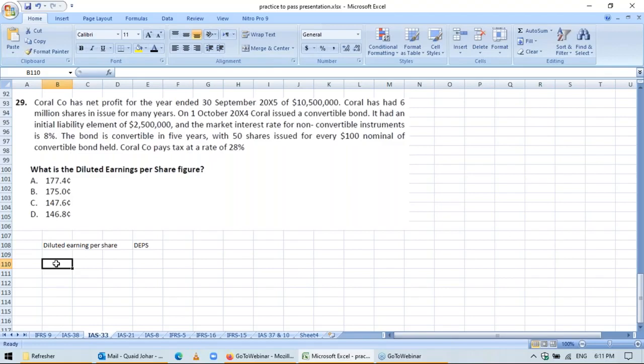So what happens is that sometimes the company has issued potential ordinary shares, for example, convertible bonds.